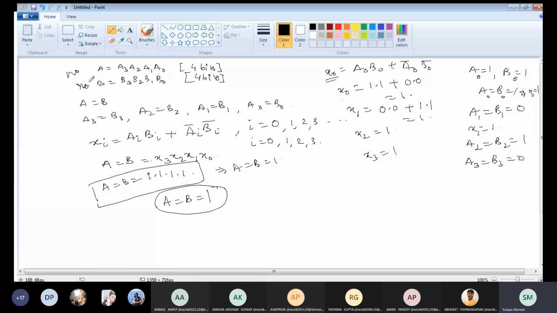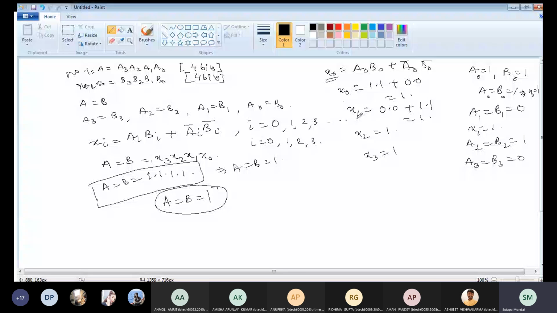So the number A equal to number B is possible, that is, equal to 1, when all the digits of these two numbers have the same value.